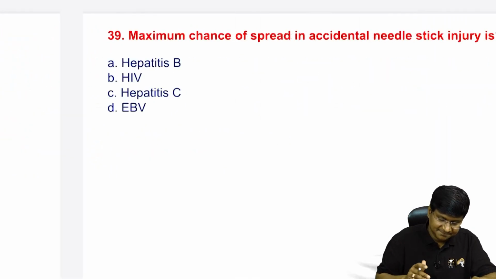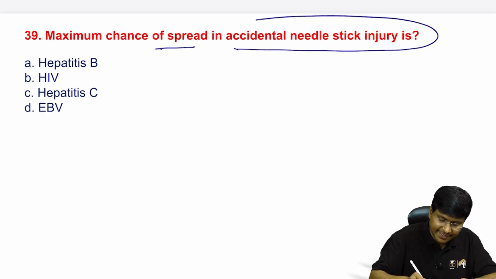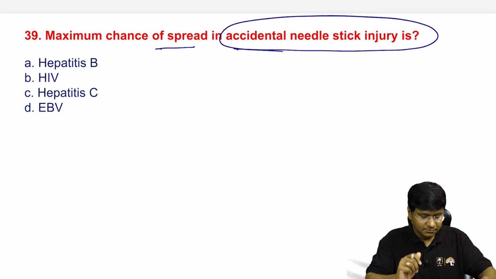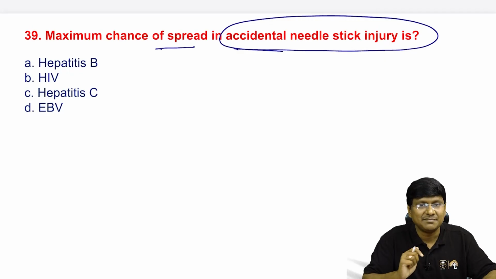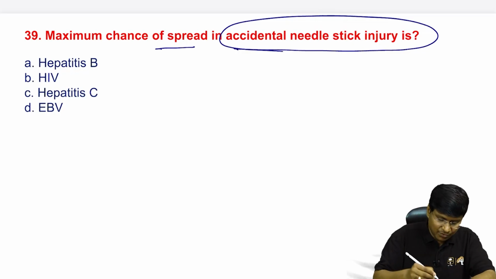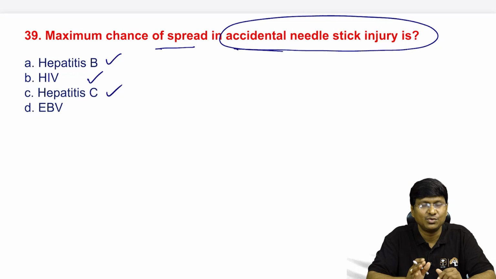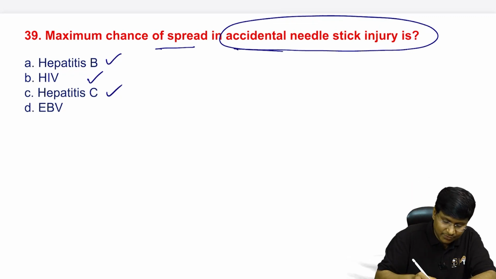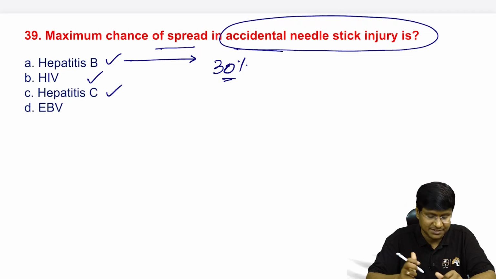Next question. Maximum chance of spread in accidental needle stick injury is hepatitis B, HIV, hepatitis C, or Epstein-Barr virus. Hepatitis B, hepatitis C and HIV are spread through needle stick injury. The percentage of spread with needle stick injury for hepatitis B is 30%.